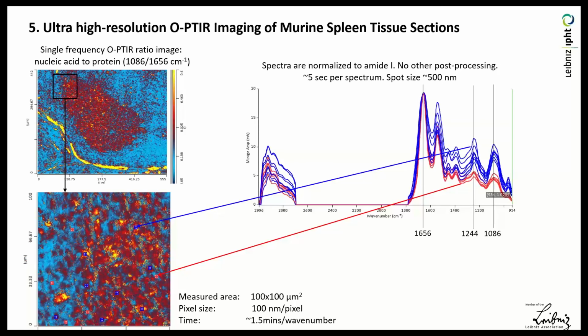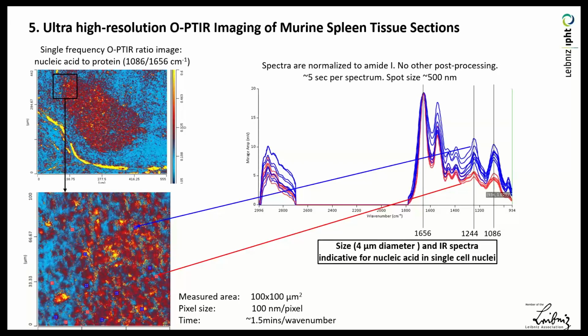But of course, these tissue sections were dried, and using the indirect detection process enabled us to collect these spectra from the cell nuclei in tissue sections.